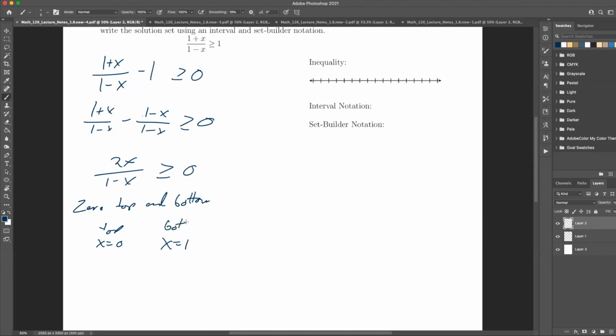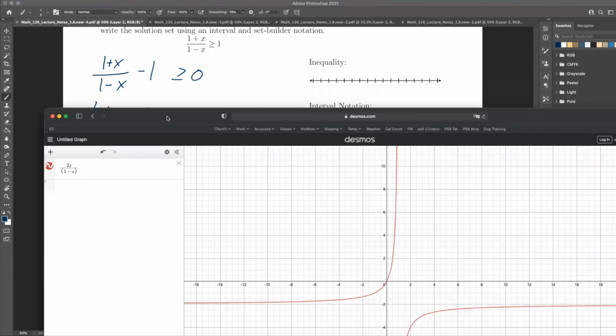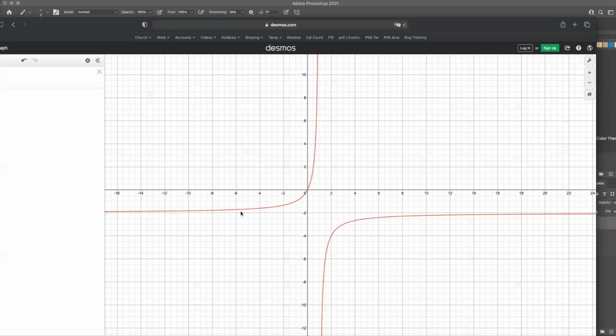And why we care about the bottom is because with rational functions, when my number goes past the 0 here, it'll switch the sign. So this will go from being positive when x is less than 1 to negative when x is greater than 1. So that switches its sign. You can see that it switches its sign here because I'm positive, the bottom switches its sign, and then all of a sudden it's negative.